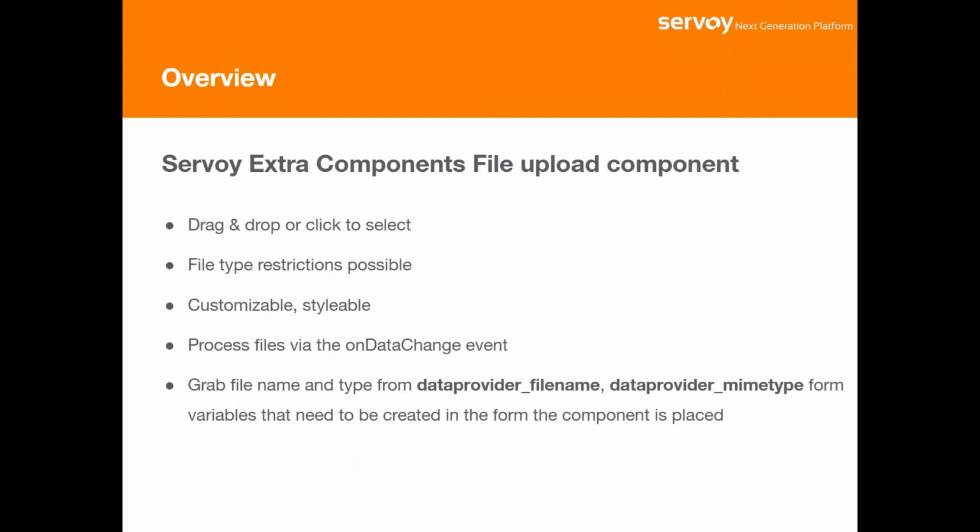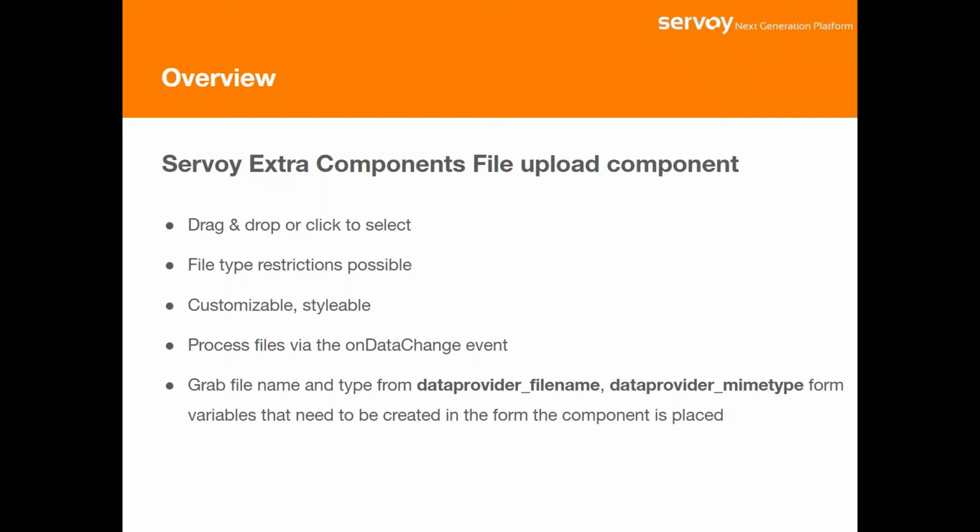All right, next one was the file upload component from the Servoy extra components package that you've seen can do drag and drop, or you click to select files. File restrictions are possible through the accept property. It's customizable. You can also style it, so you can override style classes to customize the appearance of it. The files need to be processed via the onDataChange event.